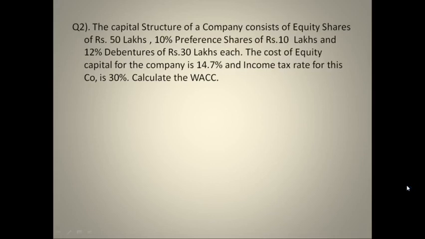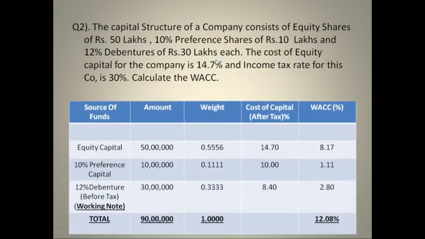So what we will do now is, we will read the given information in the question and prepare the first, second and fourth column exactly as given in the question. So the sources of funds are equity capital, preference capital and debentures. We write over here the amounts, 50 lakhs, 10 lakhs and 30 lakhs, in the second column, and we take a total as 90 lakhs.